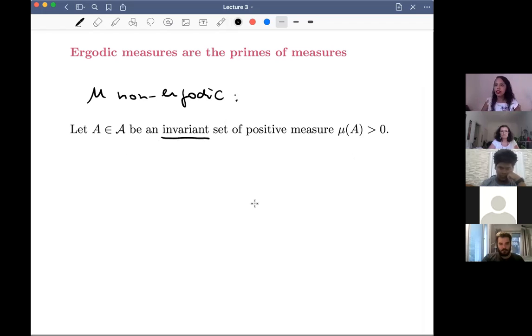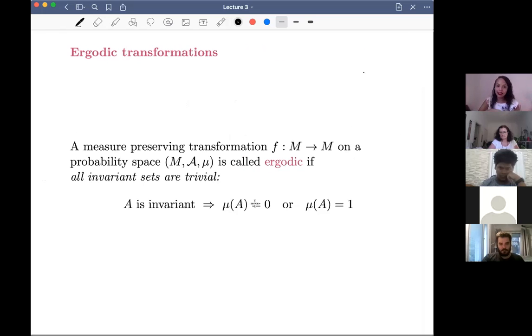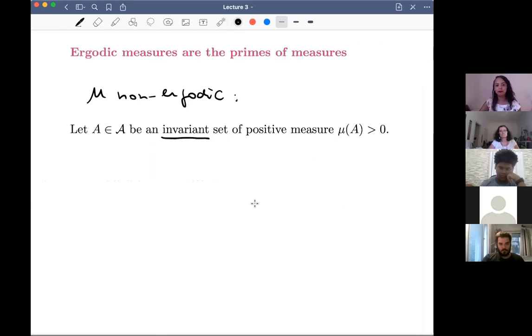Other sets can have measure of anything. Note that ergodicity talks only about the measure of invariant sets. You can have other sets that have measure one half, one third, I don't know, p/4. They can have any number between 0 and 1. But we are talking about invariant sets.